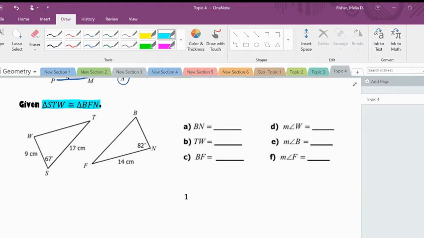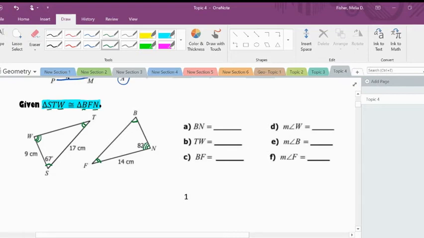Okay, hopefully you actually paused your video and you looked at the fact that S was congruent to B and T was congruent to F and N was congruent to W. So using that information, BN should have been the same as SW.